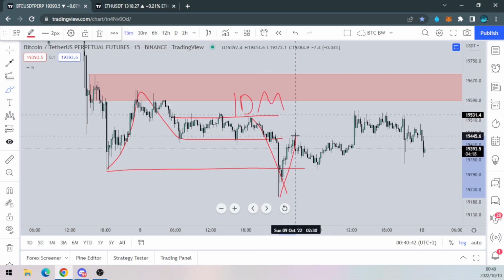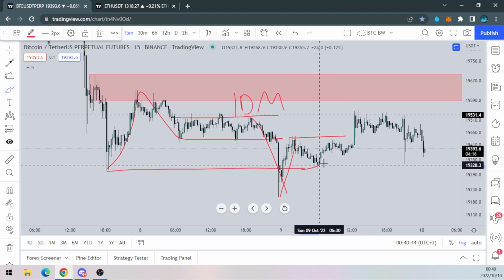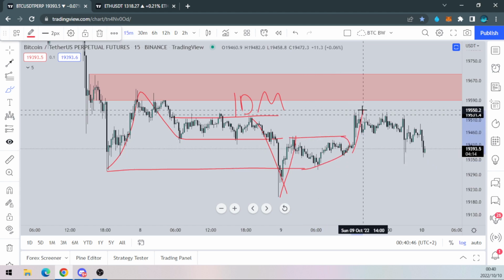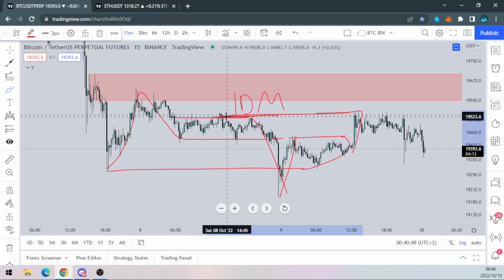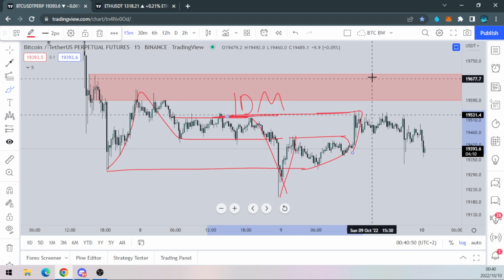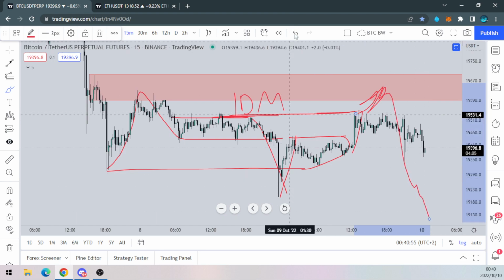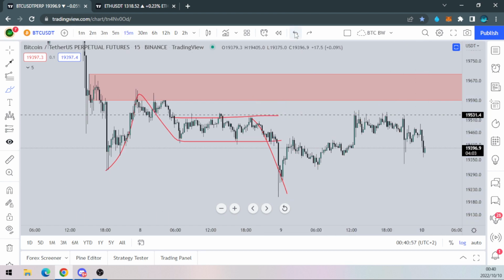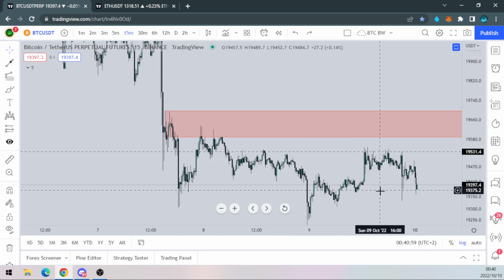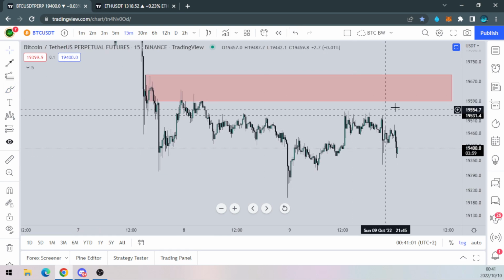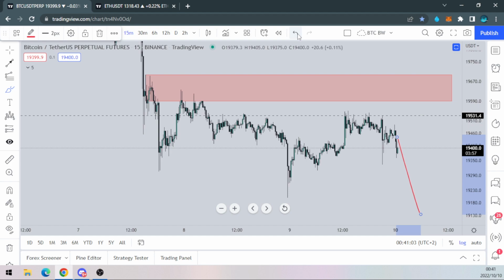Price did this, made a 3-leg move here, came back and took the inducement liquidity. Can you see that? So it's taken it there. It doesn't necessarily have to come back into here. It can continue to the downside straight from there. So just bear that in mind, right? Price can very well just make new lows from here.